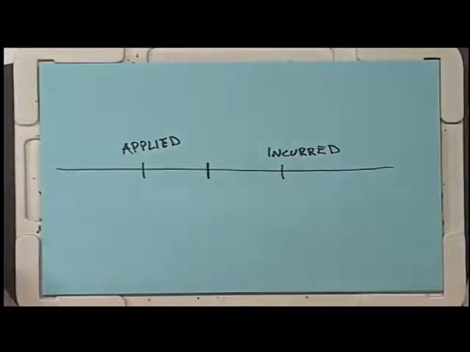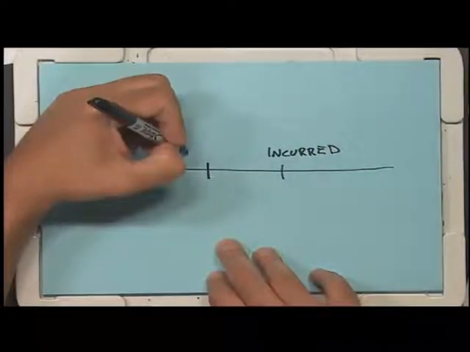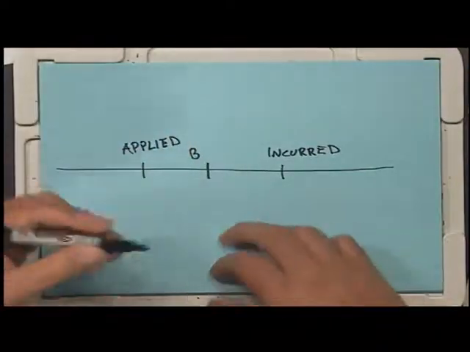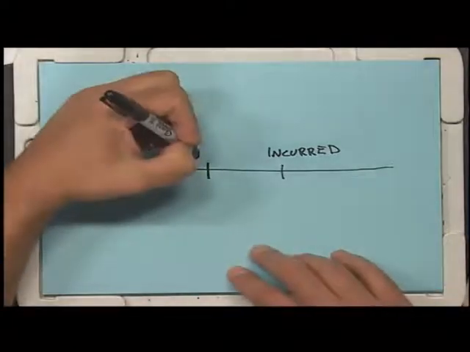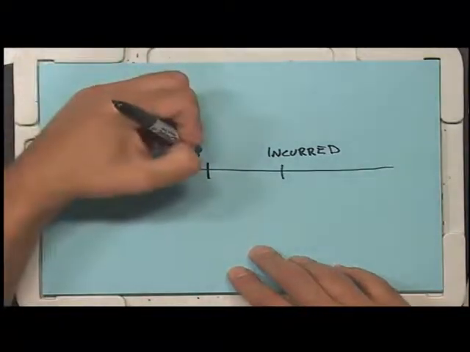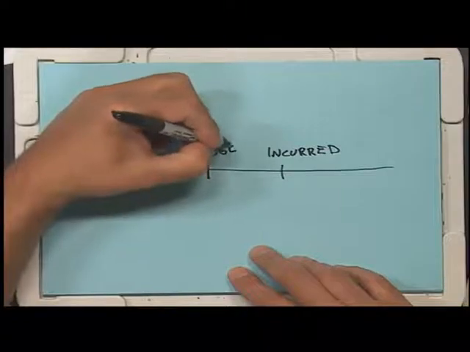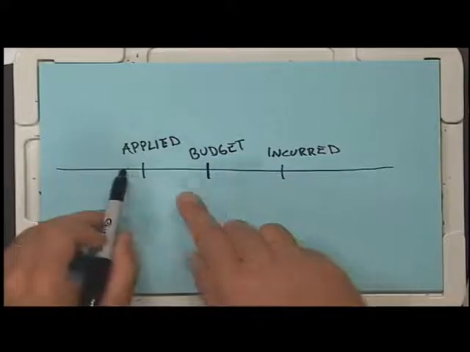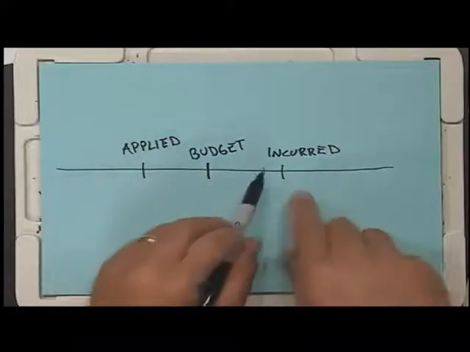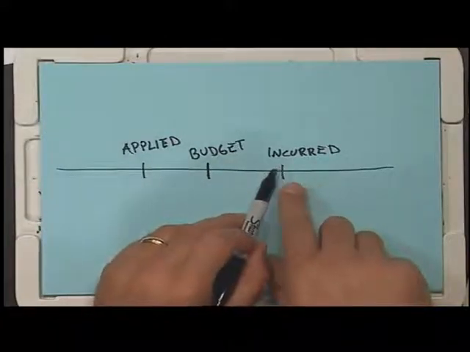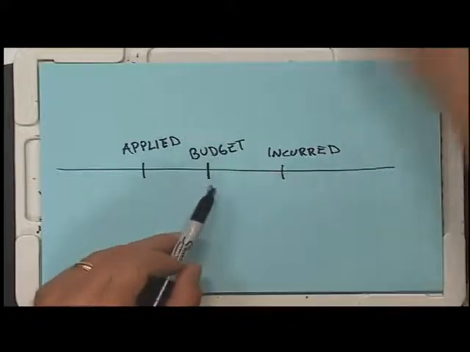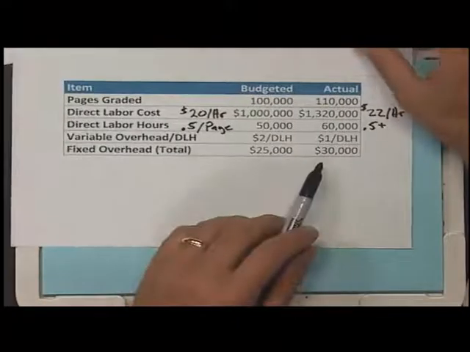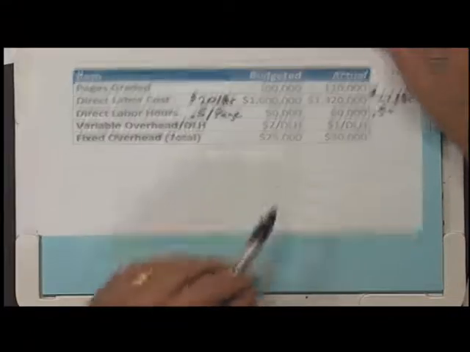Now, what are the two causes for us to incur more or less fixed overhead? Instead of trying to do that price times quantity decomposition, we are simply going to compare the amount that we incur to the budget and the amount that we apply to the budget. Now, the difference between the amount that we incur and how much we budgeted, in this case, is going to be $5,000, actual minus budgeted.